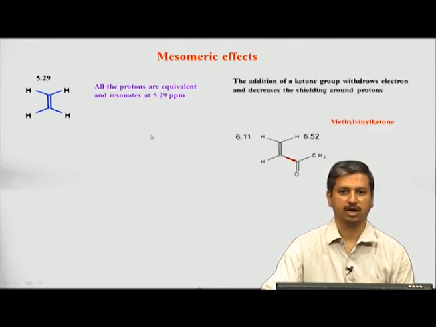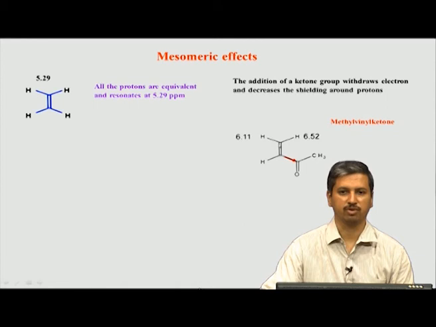Let us say we add a ketone group to this molecule. This is the original molecule, where the hydrogens all have the same value, around 5.3 ppm. But when I attach a ketone, which is an electron withdrawing group, electron density is withdrawn towards it, and a positive charge accumulates here.